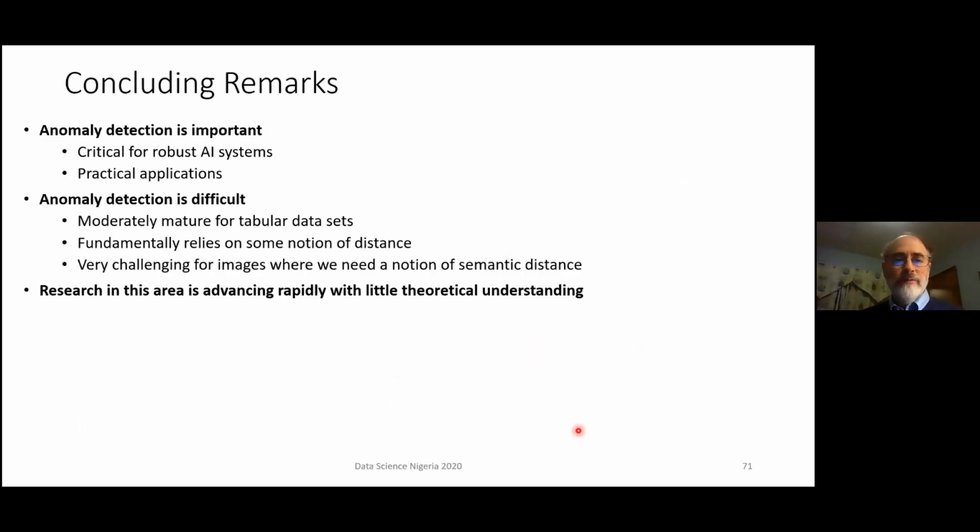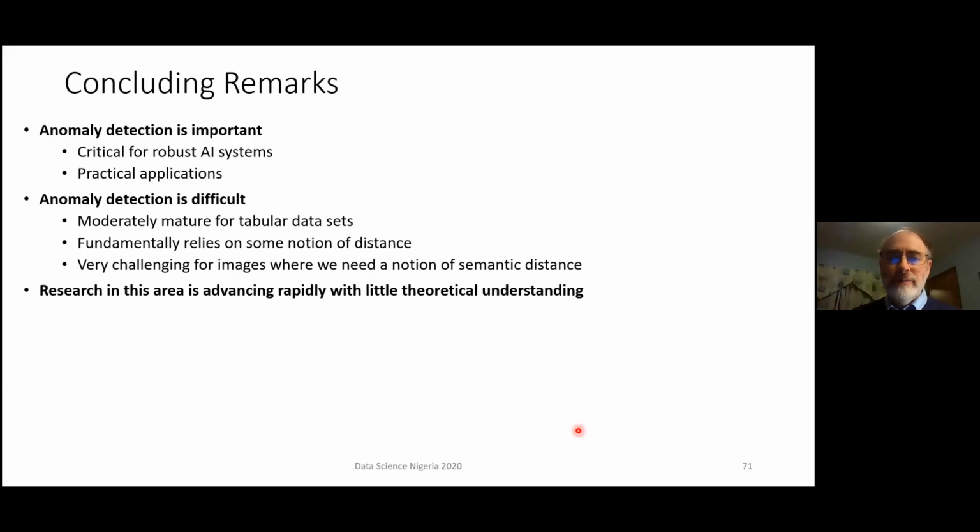The last thing I want to emphasize is that anomaly detection is important. It's critical for building robust AI systems if we want to apply artificial intelligence in safety-critical, high-stakes applications. And of course, there are many practical applications as well. But it is difficult. Our methods are moderately mature for tabular data sets with meaningful features.